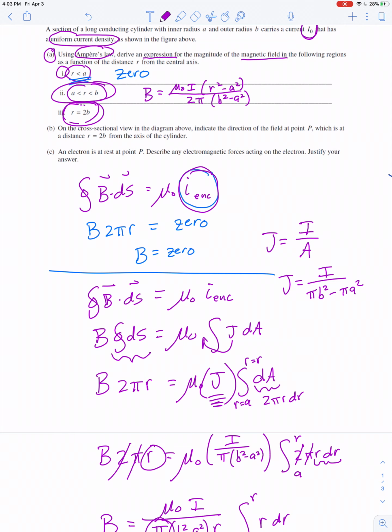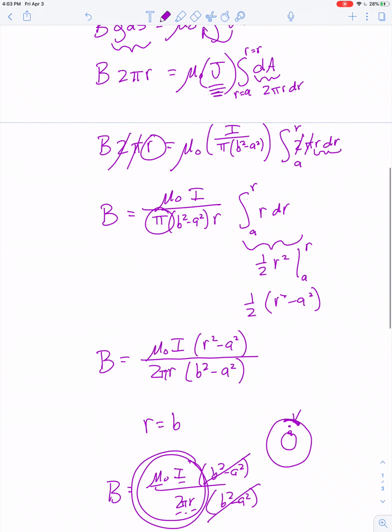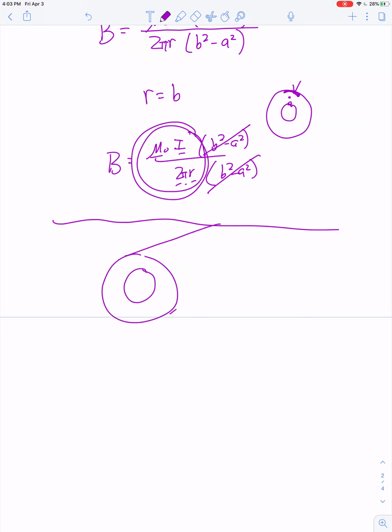Find the magnetic field at a point outside of the whole conductor. I think this is going to be a bit easier. So there's my hollow conductor. There's a point somewhere outside of it. So I make an Amperian loop that passes through that point.